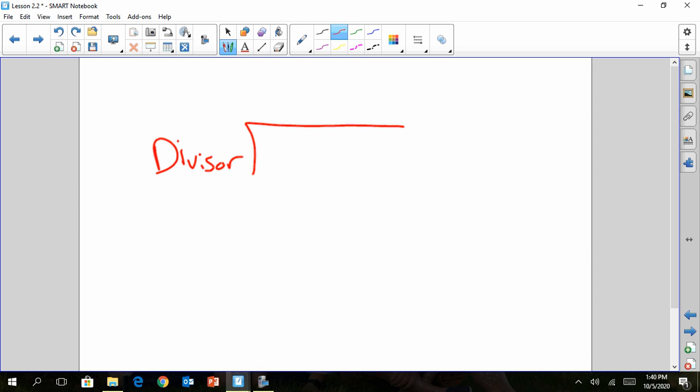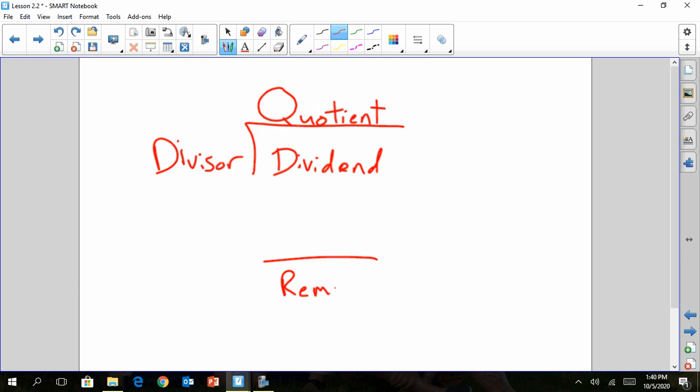So your divisor is the number out front. The dividend is the number on the inside. It is the number being divided. So that's called the dividend. Your answer is called the quotient. And if you have anything left, that is called the remainder.